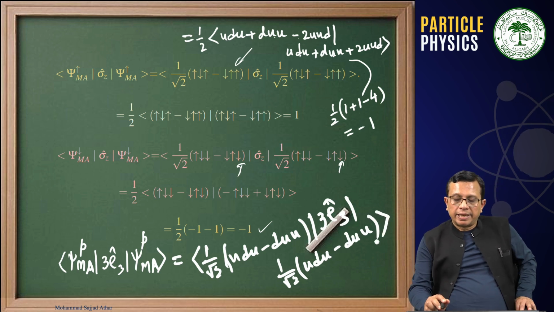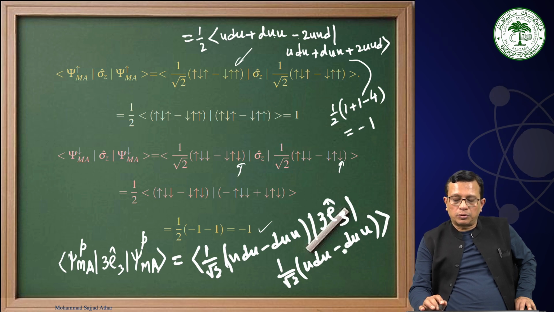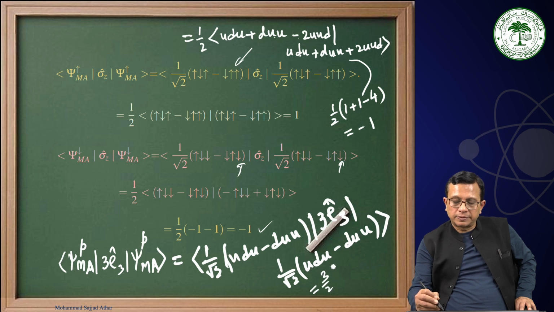And then you see E3 will operate here, will give us 2 by 3 electronic charge. Here also it will give me 2 by 3 electronic charge. There will be no change of sign. Therefore, this will be 3 by 2 and then 2 by 3 electronic charge from here, and minus plus 2 by 3 electronic charge from here.